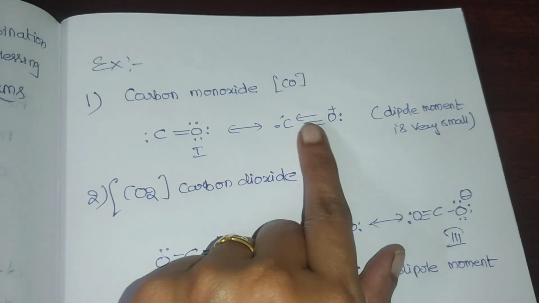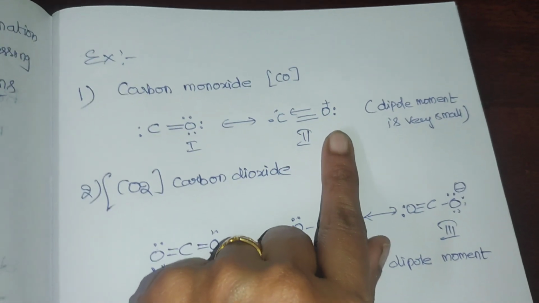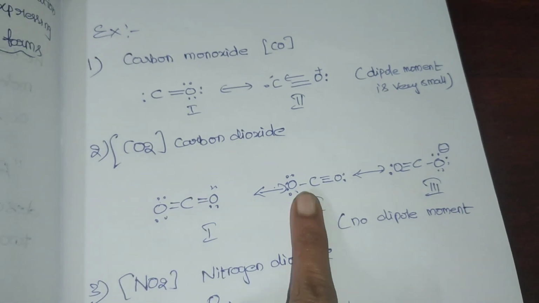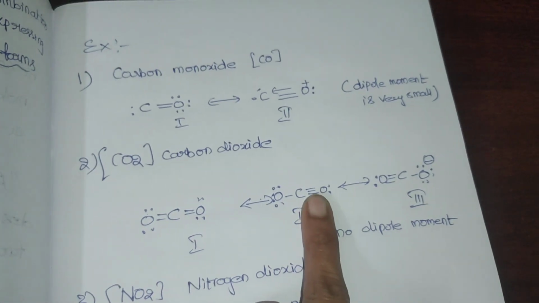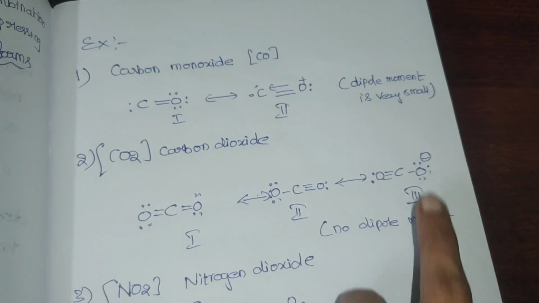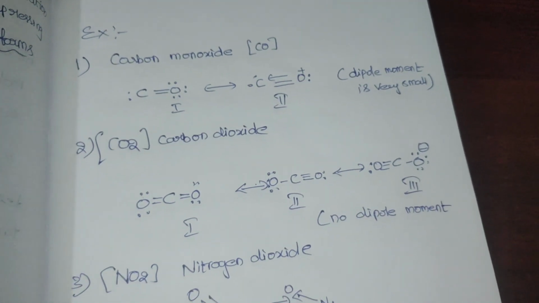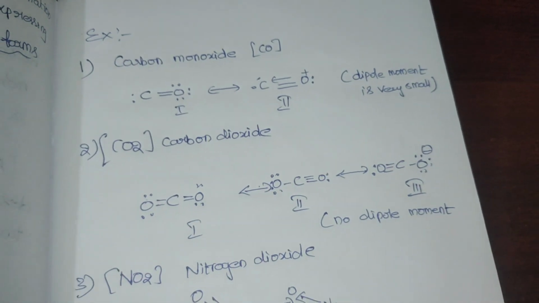The dipole moment is very small in these structures. Then carbon dioxide: two double bonds here, one double bond and one triple bond here, and again a triple bond and one double bond. The bond structures rotate like this. Three structures are possible, and there is no dipole moment in this.